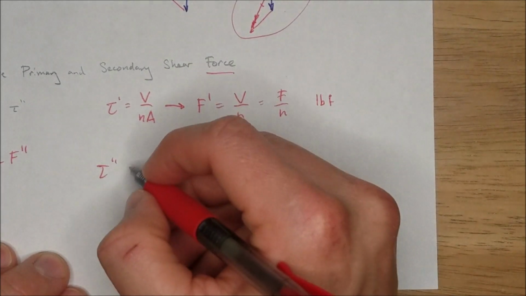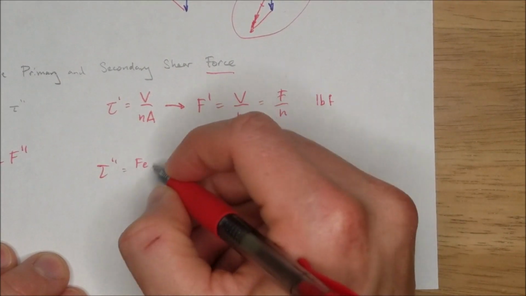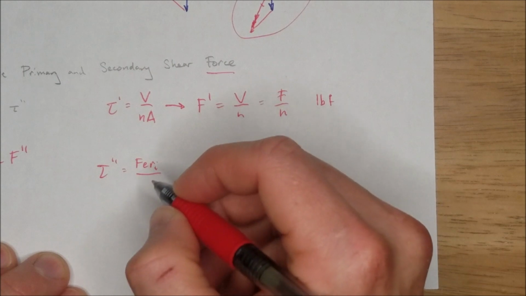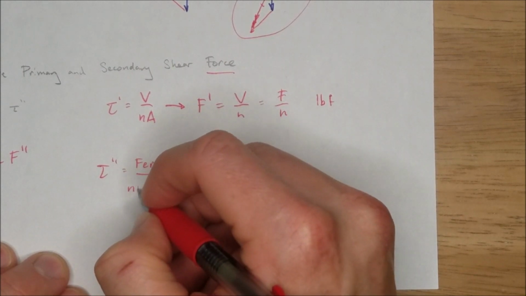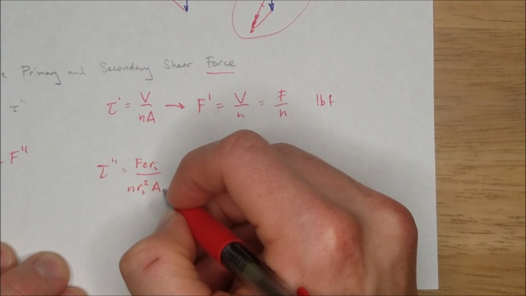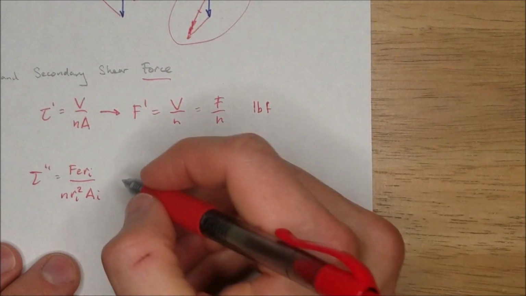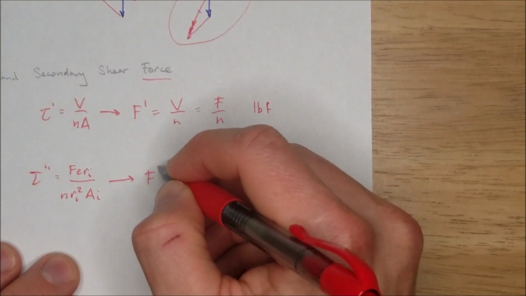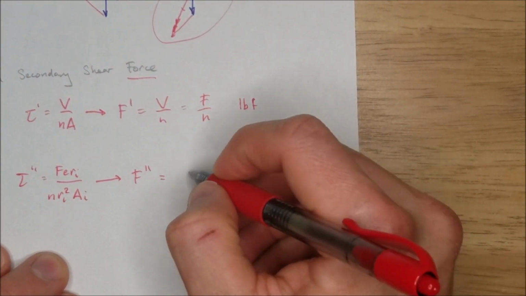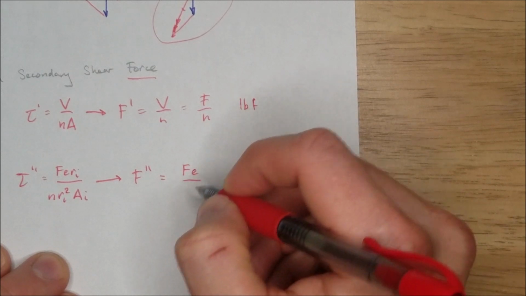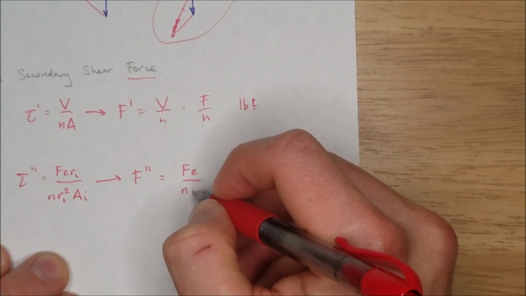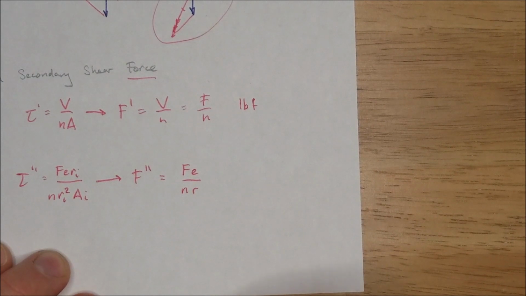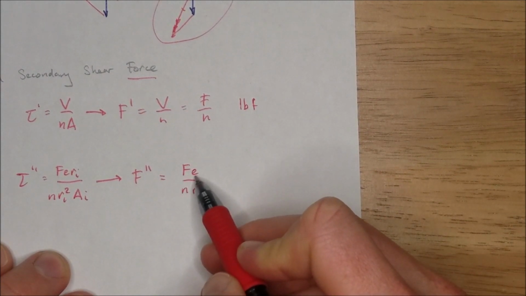Secondary shear stress, original formula was F e r i over N r i squared A i, and we're going to reduce that. F double prime equals F times eccentricity over N R. Shear force times eccentricity, we've covered that.